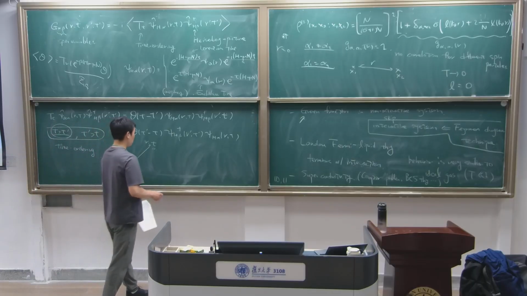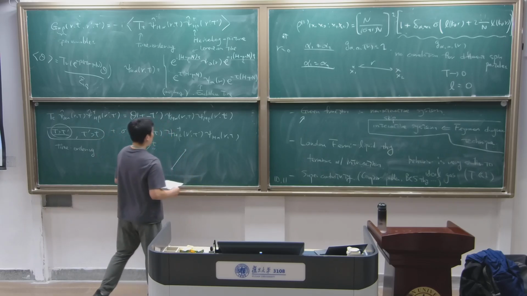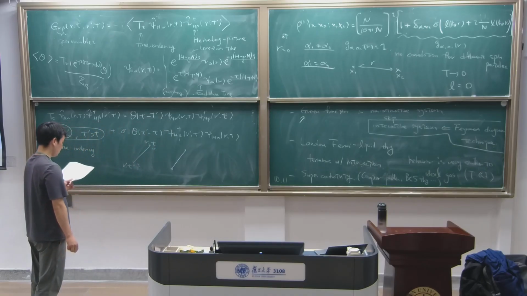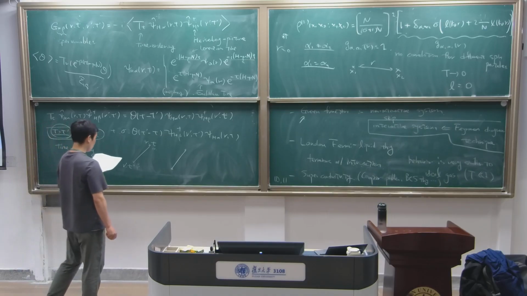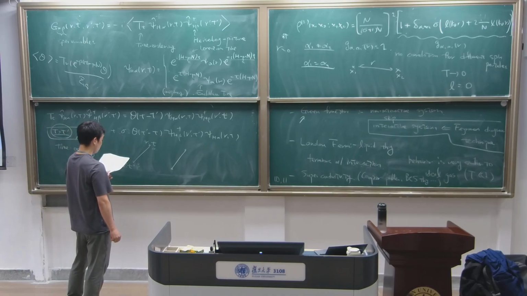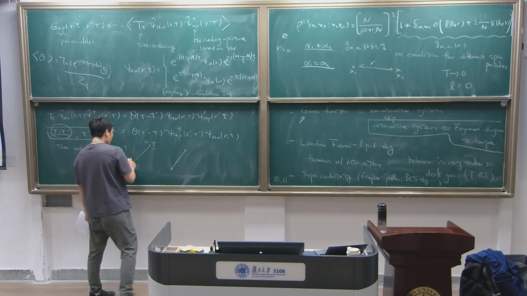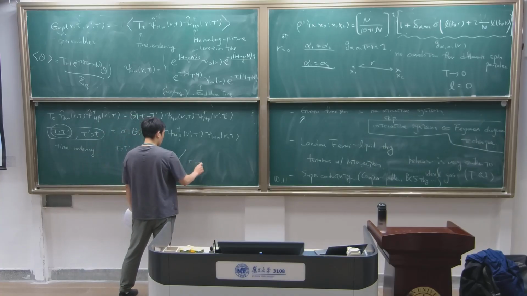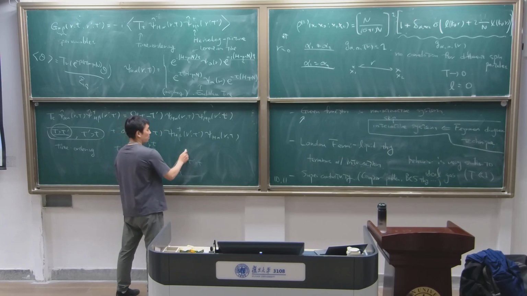On the other hand, if t is greater than t prime, here the particle is annihilated at r, t and created at r prime.